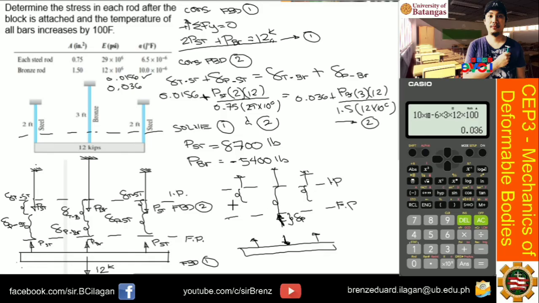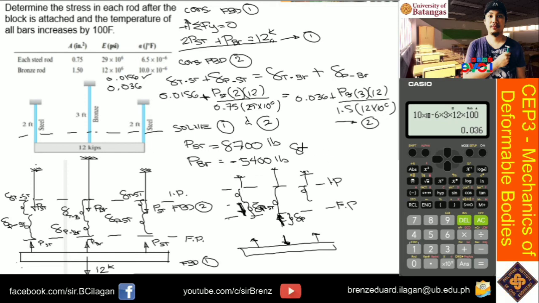And then itong si steel, di ba nandito si steel nung temperature. So si steel, hahaba pa siya kasi tension pa siya dito. Ayan. So magkaaroon ka pa dito ng deformation due to the temperature. So magiging equation mo pala is ganito.